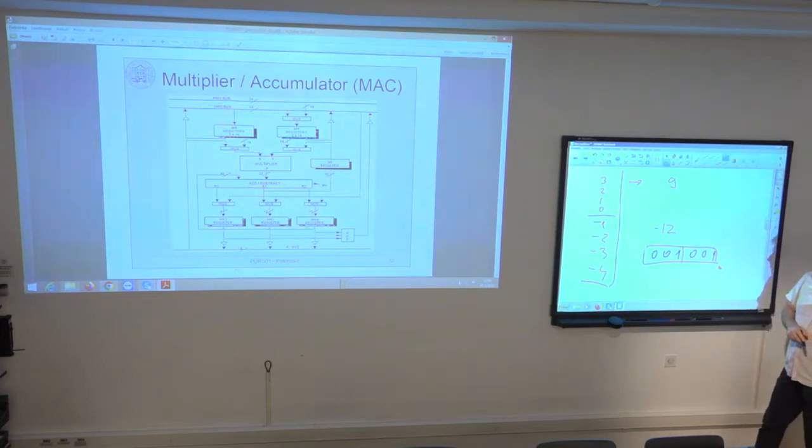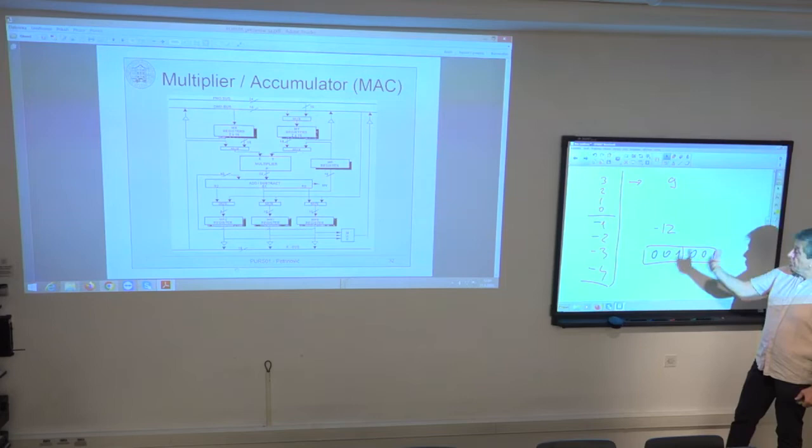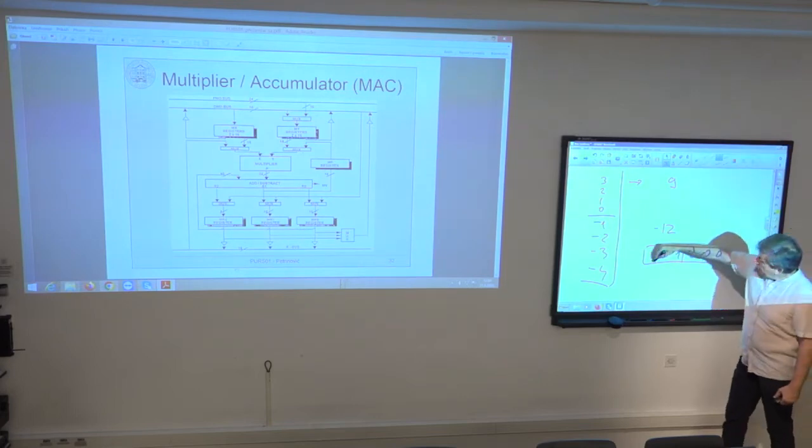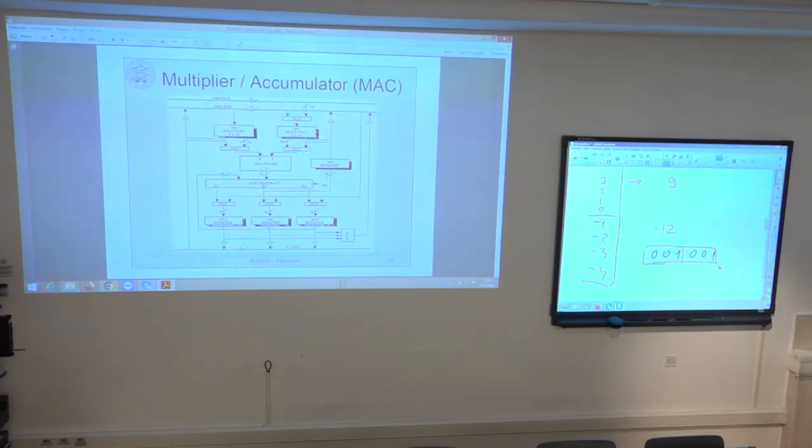Okay? And what I see, if I operate in this integer mode, I will always have the same value at the two most significant bits of the product. They will be either 0, 0 if the product is positive, or they will be 1, 1 if the product is negative. Okay?